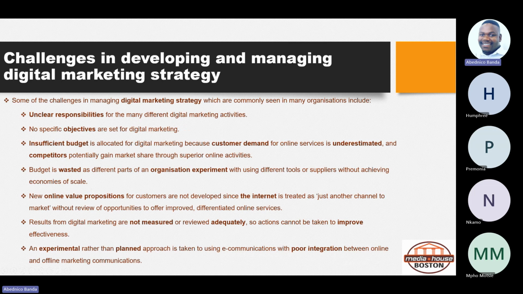So some of the challenges in managing digital marketing strategy, which are commonly seen in many organizations, include, first, unclear responsibilities for many different digital marketing activities. Then the second one is no specific objectives are set for digital marketing.